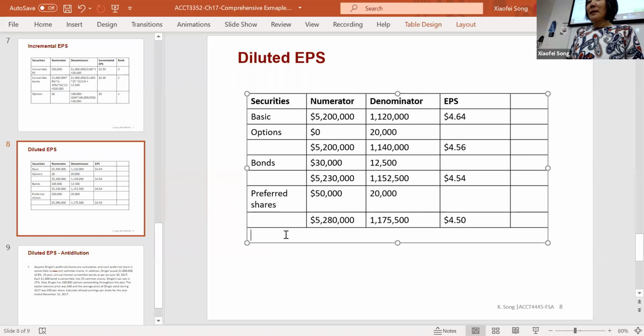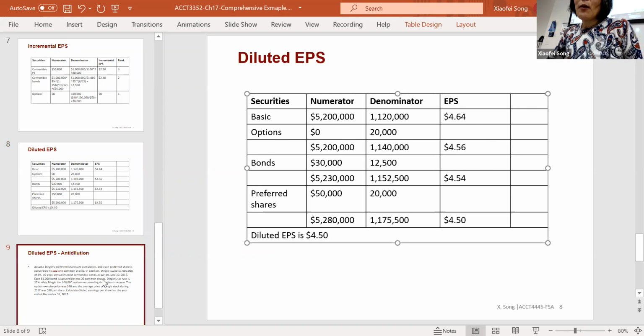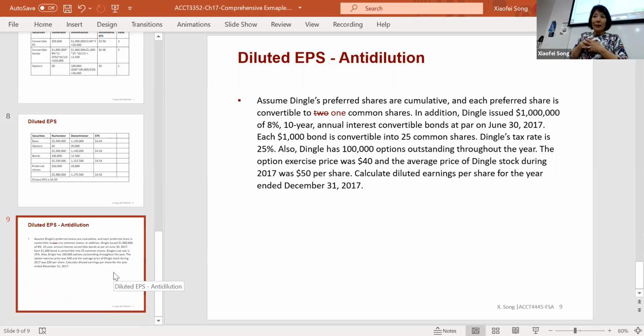So diluted earning per share is 4.50. On the income statement, you will have basic earning per share 4.64 and diluted earning per share 4.50.